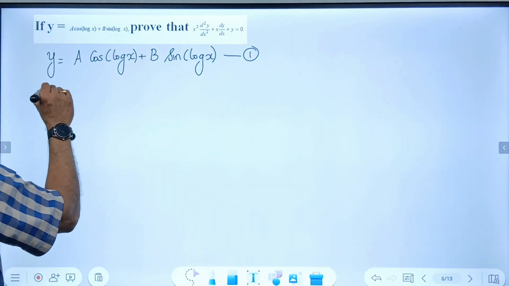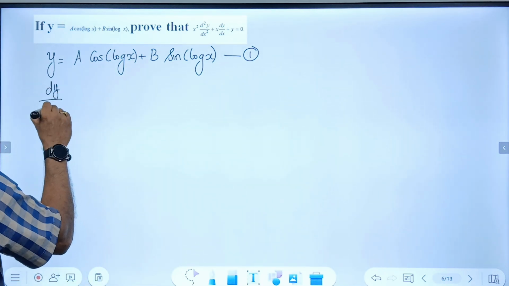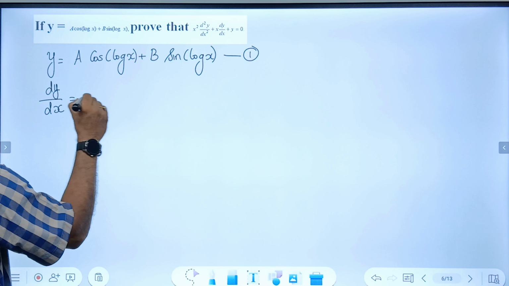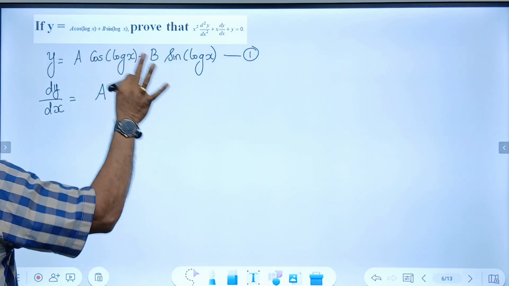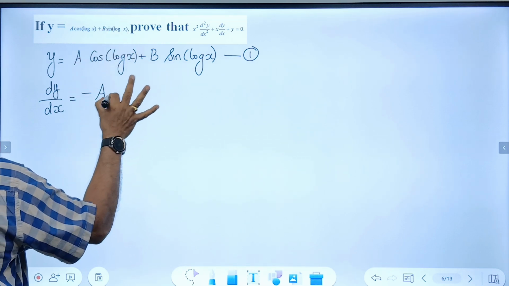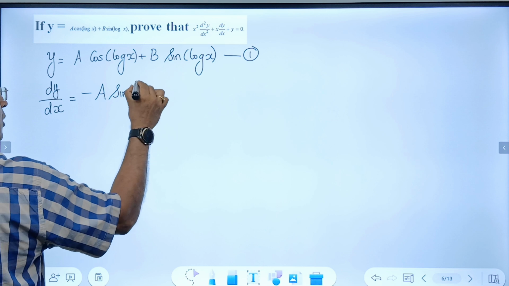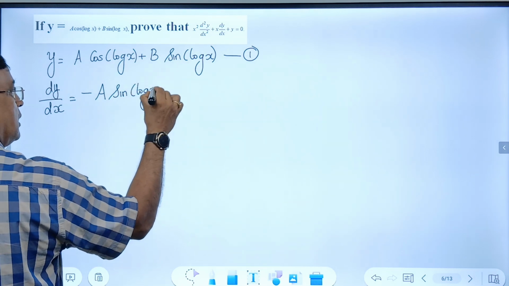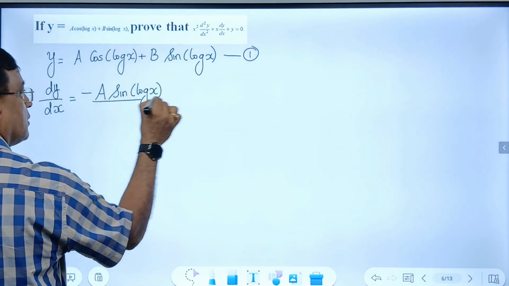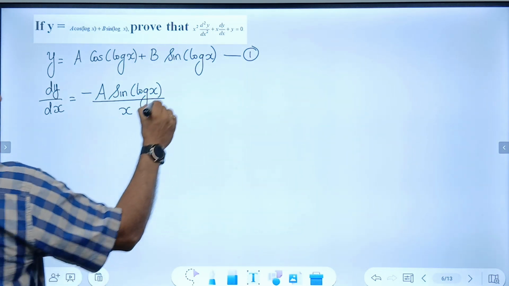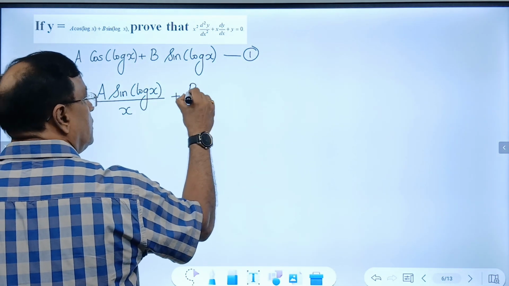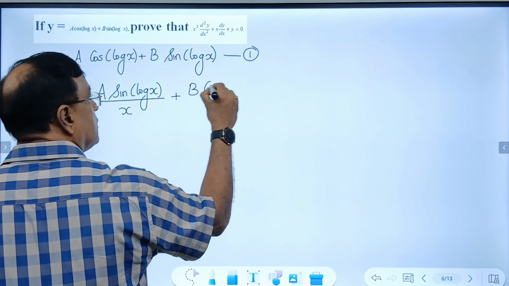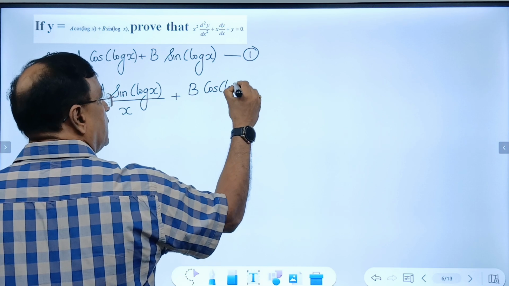Now how do I do it? First I differentiate. dy by dx. A is a constant, let it be there. What is the differentiation of cos? Minus sine log x. And what is the differentiation of log x? 1 by x. Plus b into, what is the differentiation of sine of log x? Cos of log x.